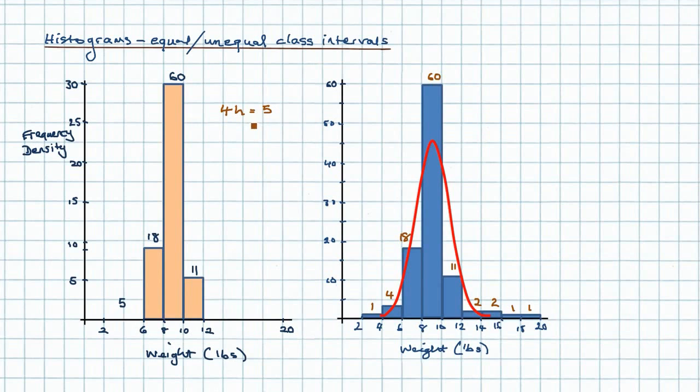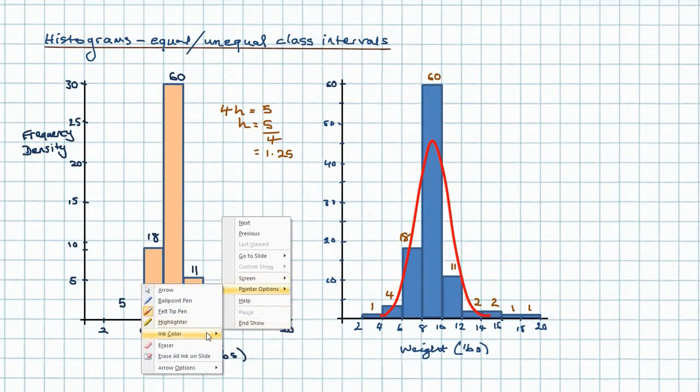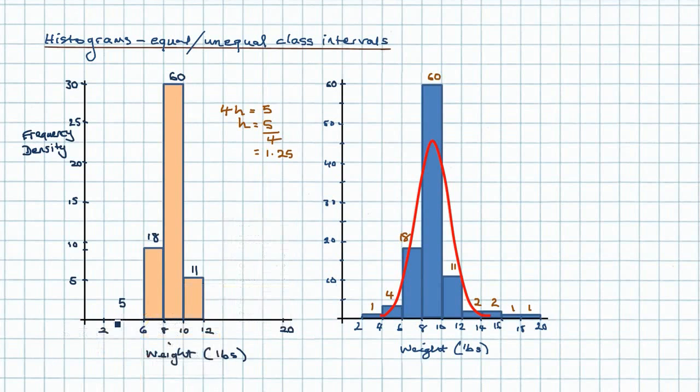So 4 times the height equals 5, so the height must be what? Divide both sides by 4, and we'll get 5 divided by 4. Well, 4 goes into 5 once, and then we've got a remainder of 1, so it's 1/4. So 5 divided by 4 is 1.25. So what that means is that the height of our bar, to get an area of 5, has to be 1.25.